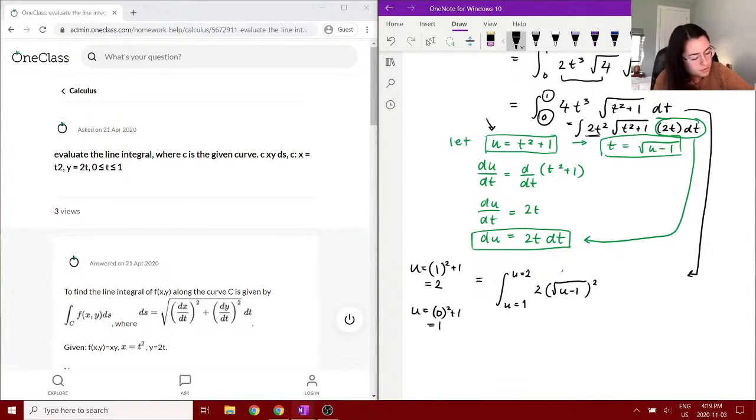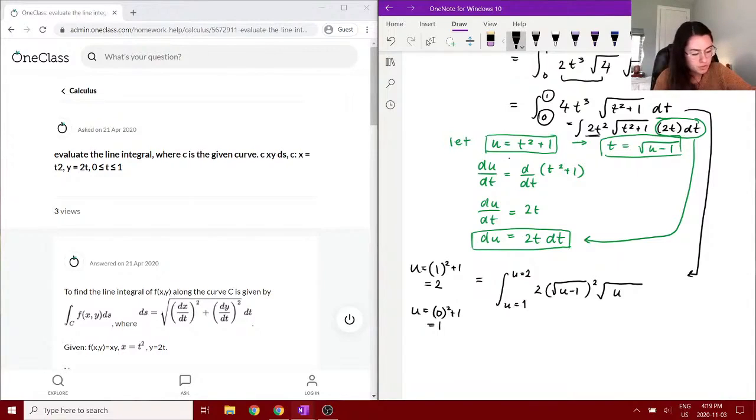If we remember, we're saying this is t, so we need t squared, times underneath the square root, instead of t squared plus 1, remember we said that we wanted to let u equal that.